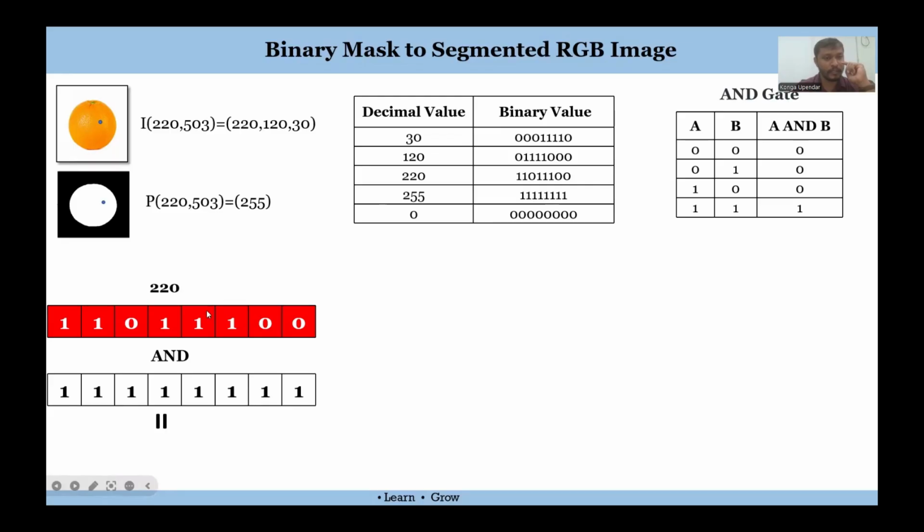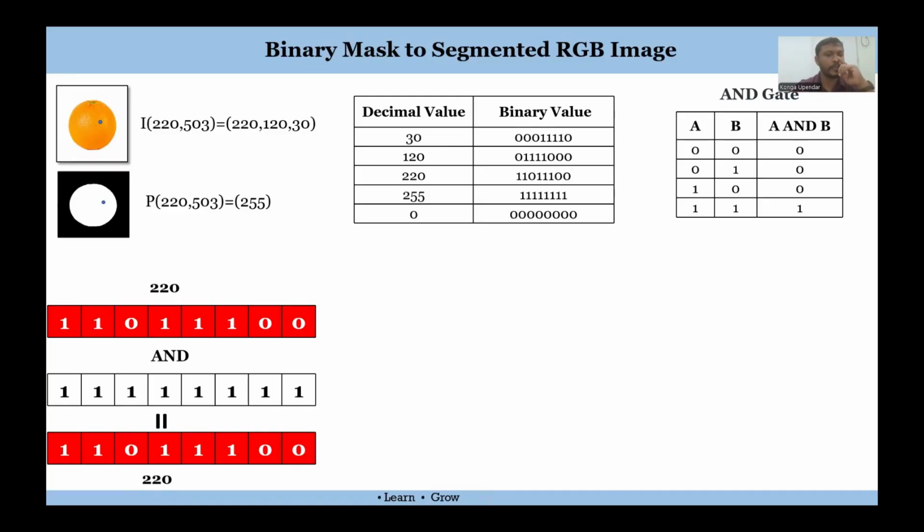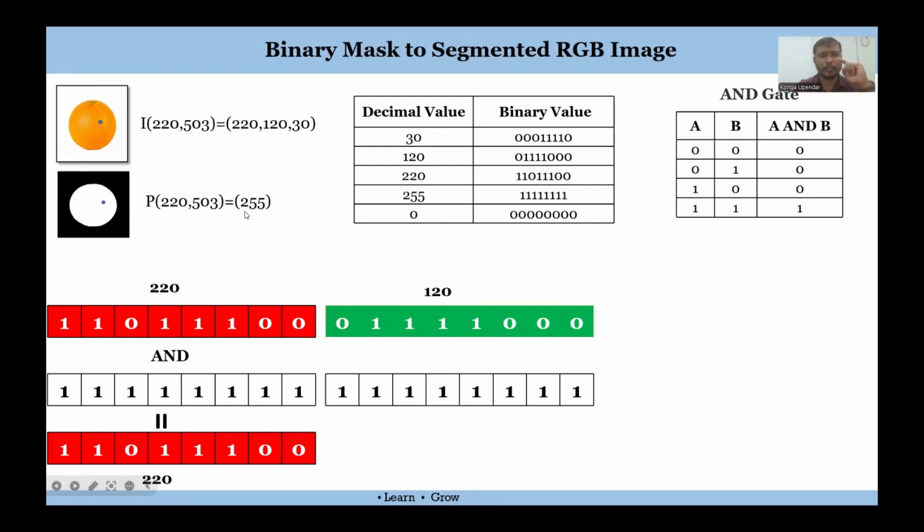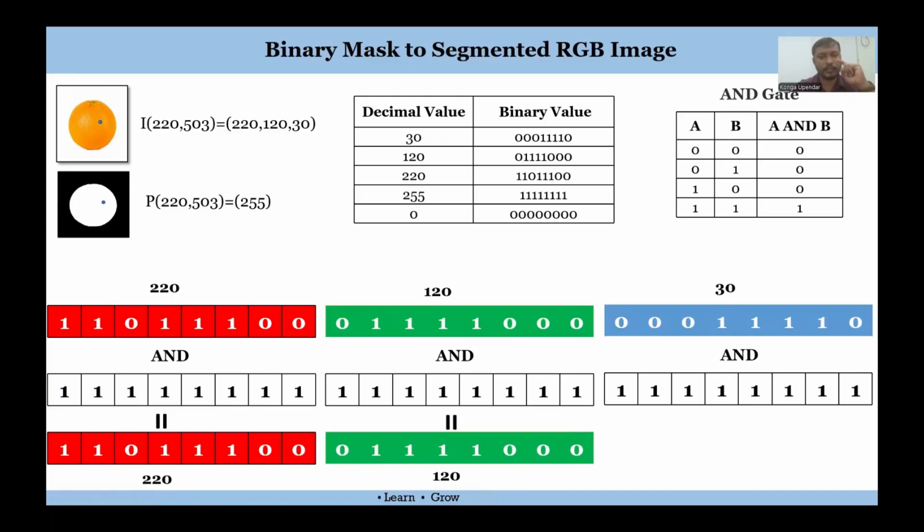So 1 1 1, 1 1 1, 1 1 1, 0 1 0, 0 1 0. Again we get the same red channel value, 220. Same thing for green: take the green binary values, compare with 255, and we again get the green channel. Next the blue channel is the same.